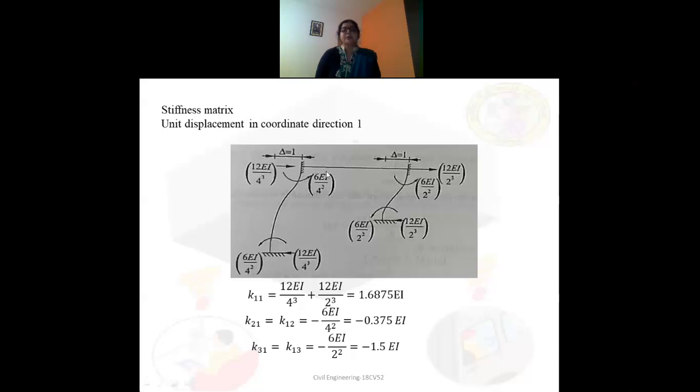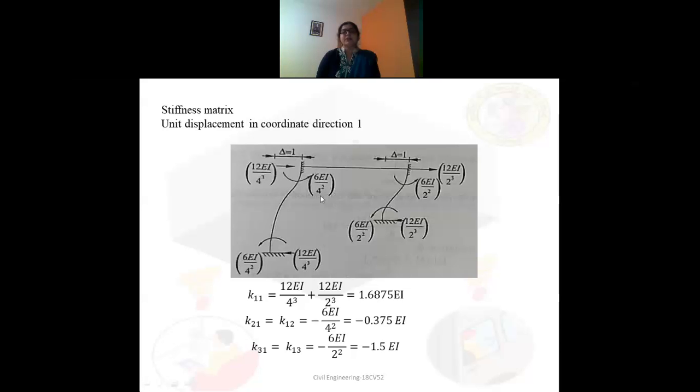When it is moving towards right, obviously there will be a moment in the anti-clockwise direction, so that the sway is moving in this direction. The direction is anti-clockwise, but the coordinate we had assumed was in the clockwise direction. Hence I have to put a negative sign here. So it is minus 6 EI delta by L square.